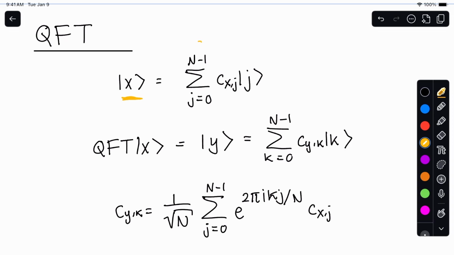So this capital N, if there's n qubits in our system, then N is going to be 2 to the little n. So for example, we could have our x be something like 1 over root 2 times |0,1> plus |1,1>, if we had little n equals 2 qubits.